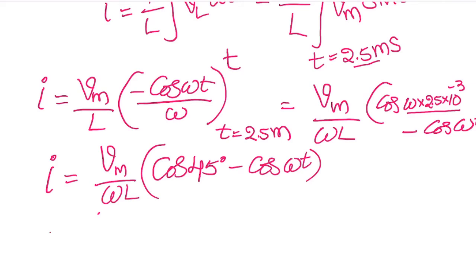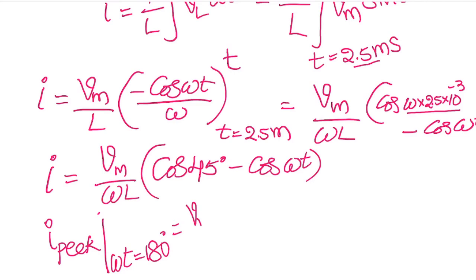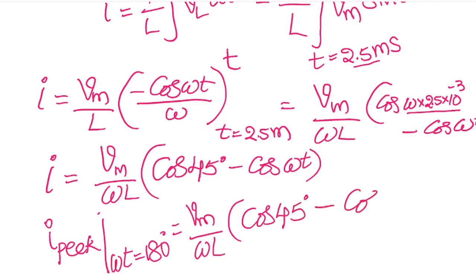You know that the peak value of the current will appear at omega t equal to 180 degrees. So at 180 degrees, it is Vm by omega L into cos 45 minus cos 180.